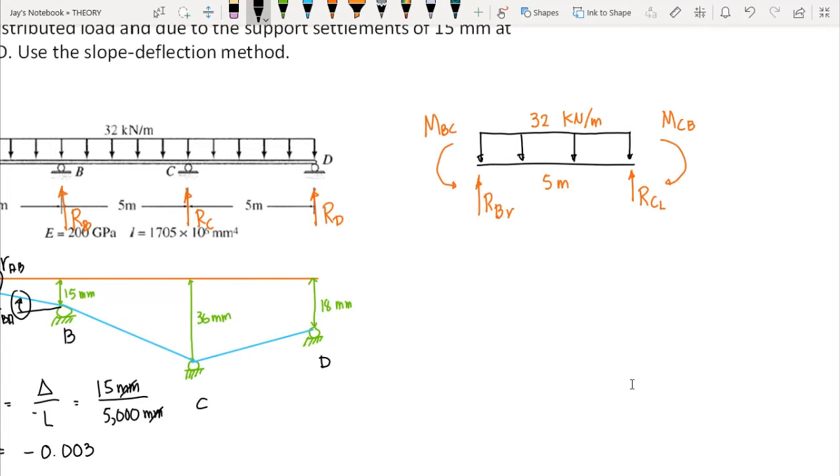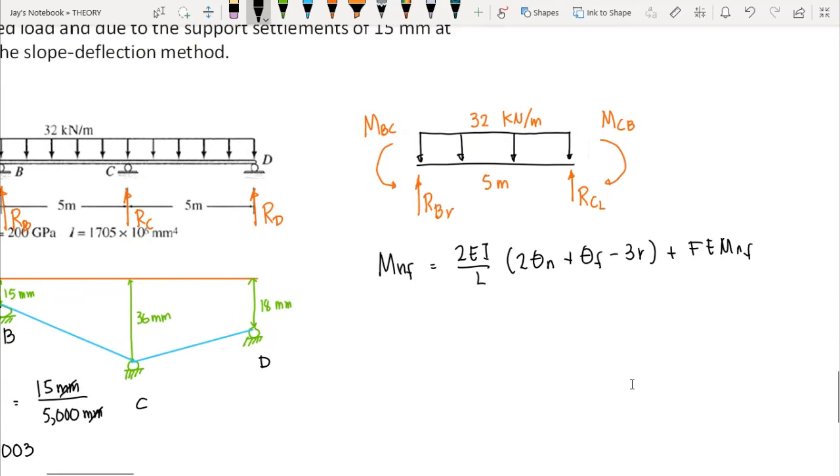But this time, since neither of these two moments is equal to 0, that means we will use the basic slope deflection equation. The M_NF is equal to 2EI over L times 2 theta N plus theta F minus 3R plus the fixed end moment NF.